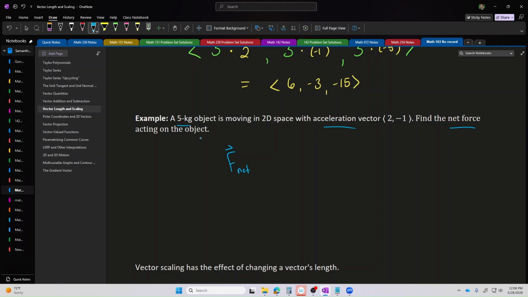The net force vector is equal to the mass scalar times the acceleration vector. Net force vector, acceleration vector, and the mass, which is a scalar.